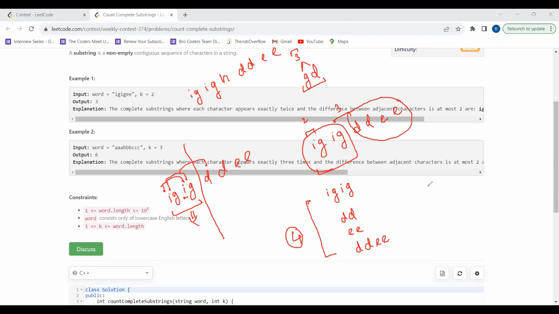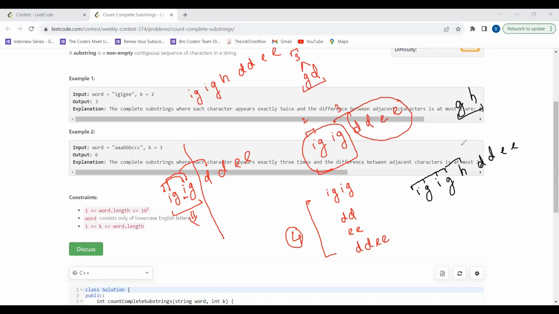IG, H, D. The difference between G and I is less than 2. Between I and G again less than 2. Again we have G and I, the difference is less than 2. We then have G and H. The difference between the ASCII values of G and H is, A, B, C, D, E, F, G, H, 1. So G and H can also exist together.